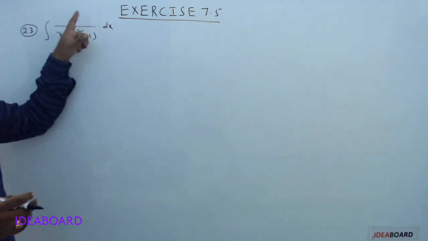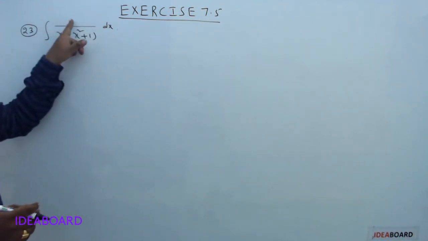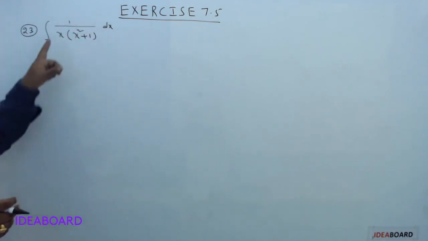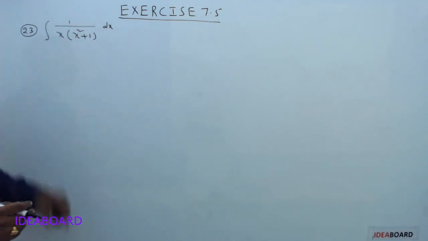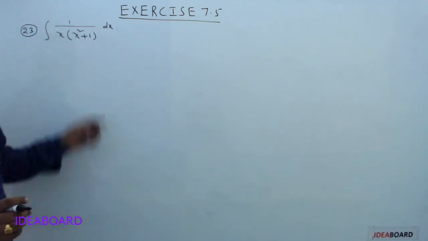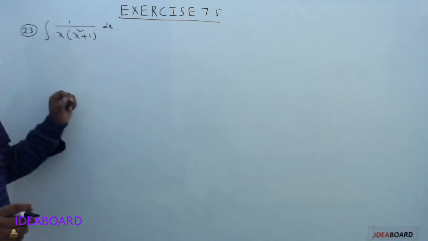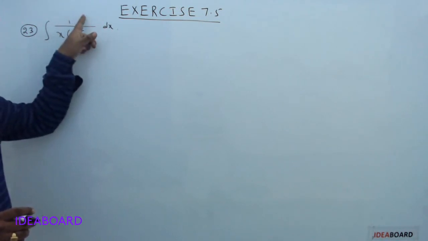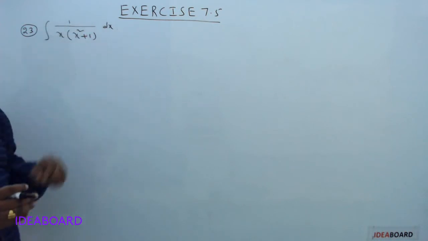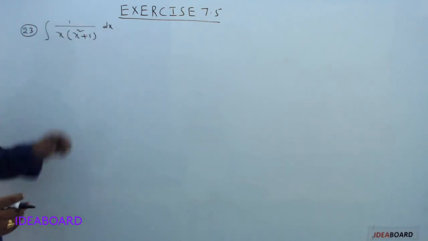Degree of numerator is 0 because 1 can be expressed as x power 0. By multiplying these two factors, you get a cubic polynomial, so degree of denominator is 3. Basically, it is a proper fraction.